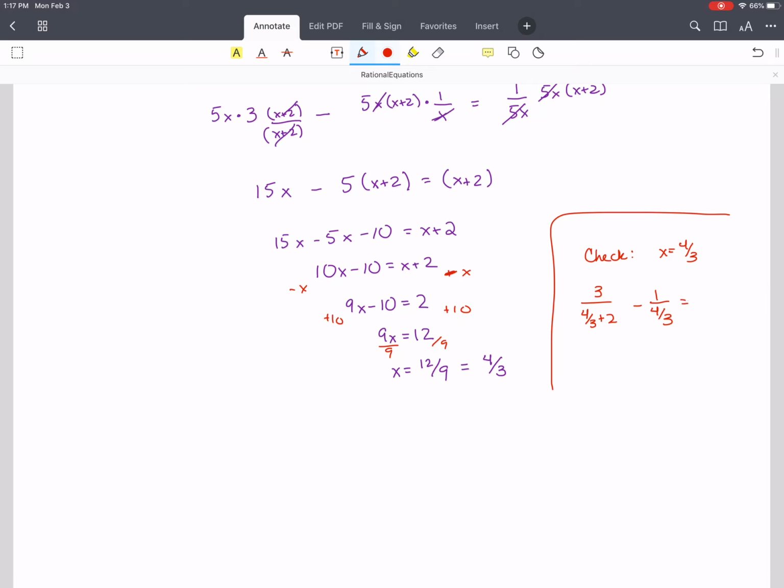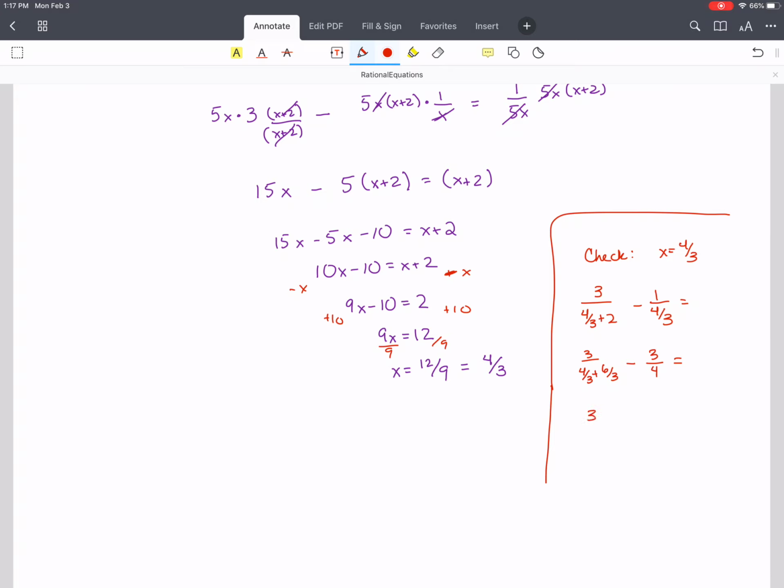So 3 over 4/3 plus 2, I'm going to have to find a common denominator. That's 4/3 plus 6/3. Remember, when you divide by a fraction, you multiply by the reciprocal. So 1 divided by 4 over 3 is 1 times 3/4.